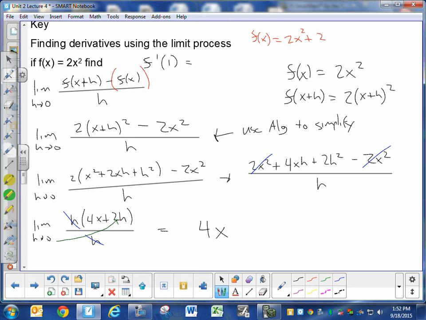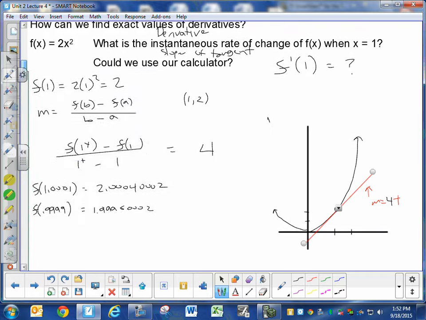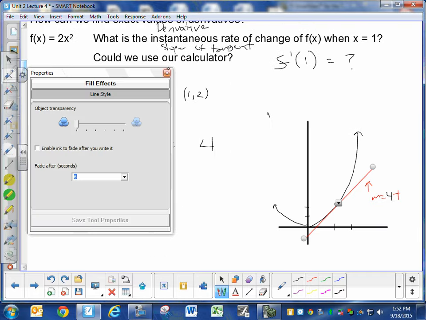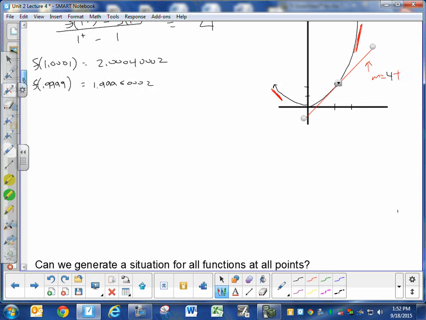Well, let's look back over here. Let's look at 2x squared. Are the tangent slopes at every point at 2x squared the same? No, right? So as I get further to the right, we're talking about more and more positive slopes, right? And if I come to the left, we have negative slopes, okay? They change. So 2x squared has different tangent slopes.